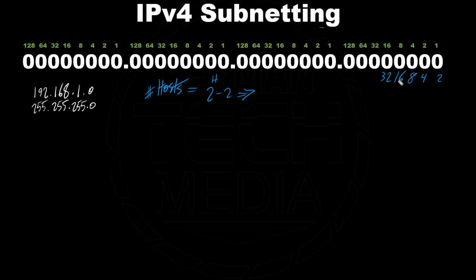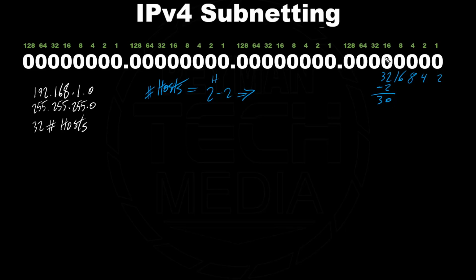So they are asking for 32 hosts per subnet. Here we might say, all right, this is enough, 32. It will give us 32 available IP addresses. But remember, we have to take out one IP address for the network address and one for the broadcast address. So when we do the -2, we get 30.